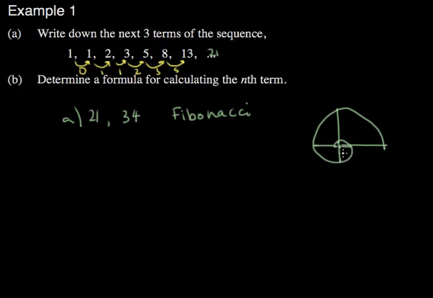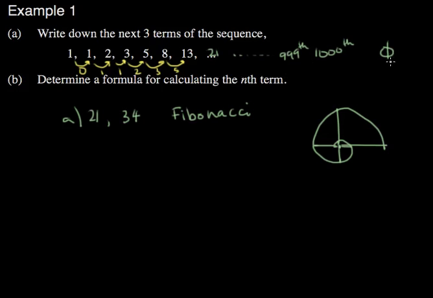And there's something called the golden ratio, which is the ratio between any term and the term before it. If you keep going with this sequence and you go to the 1000th term, and you look at the 999th term, and you look at the ratio between these, it gets closer and closer and closer to this golden ratio, which is called phi.